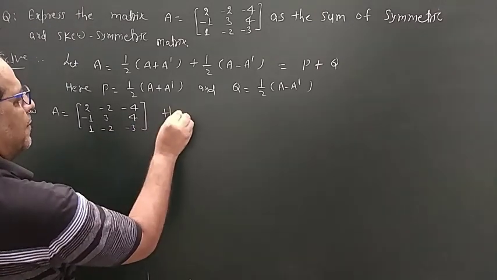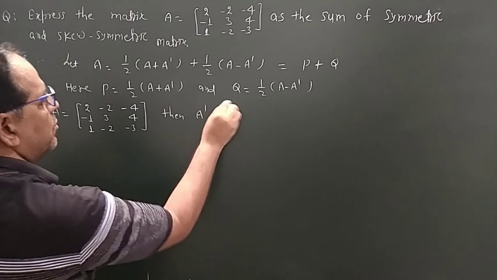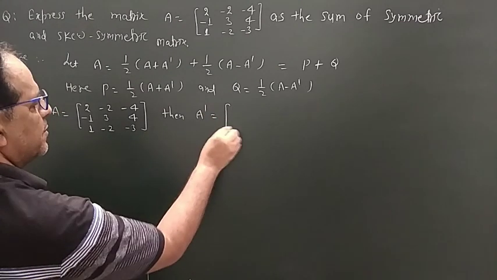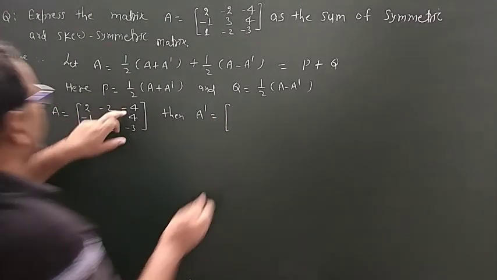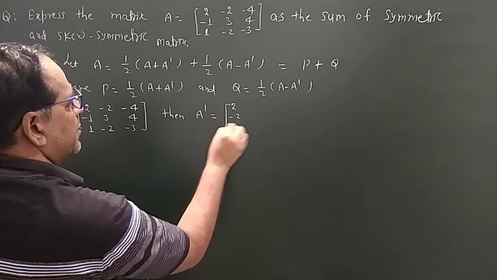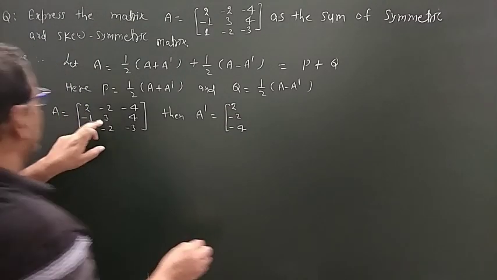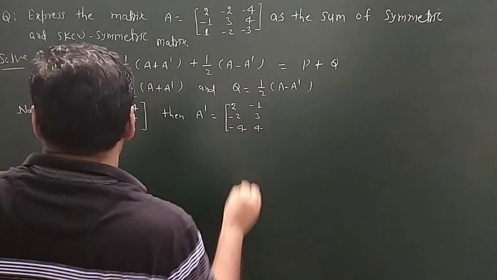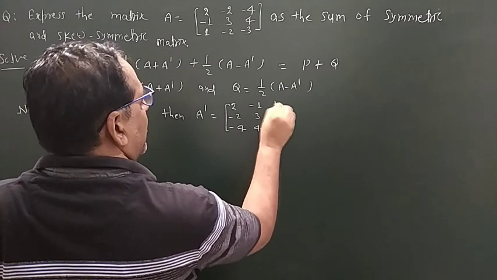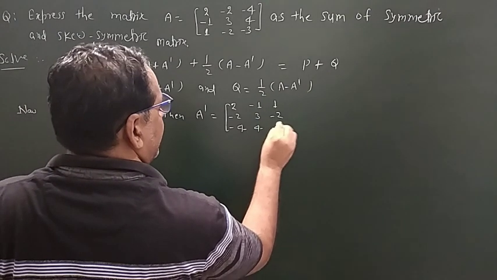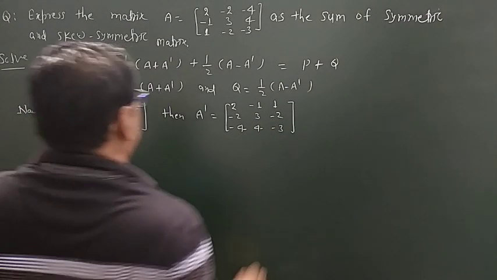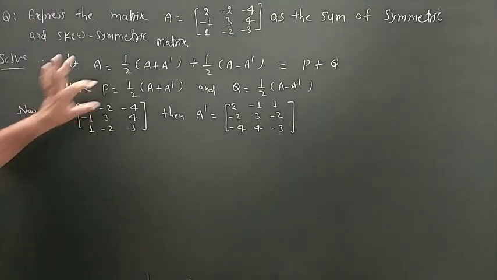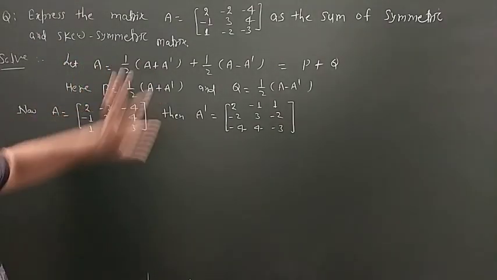Then A transpose equals, interchanging the rows and columns: 2, minus 1, 1; minus 2, 3, minus 2; minus 4, 4, minus 3. This is A dash. Now we find 1 upon 2 (A plus A dash).